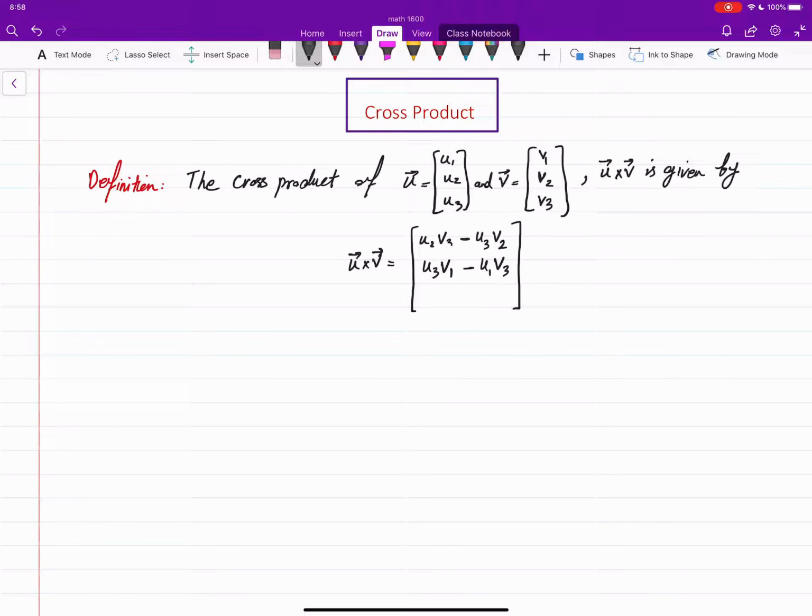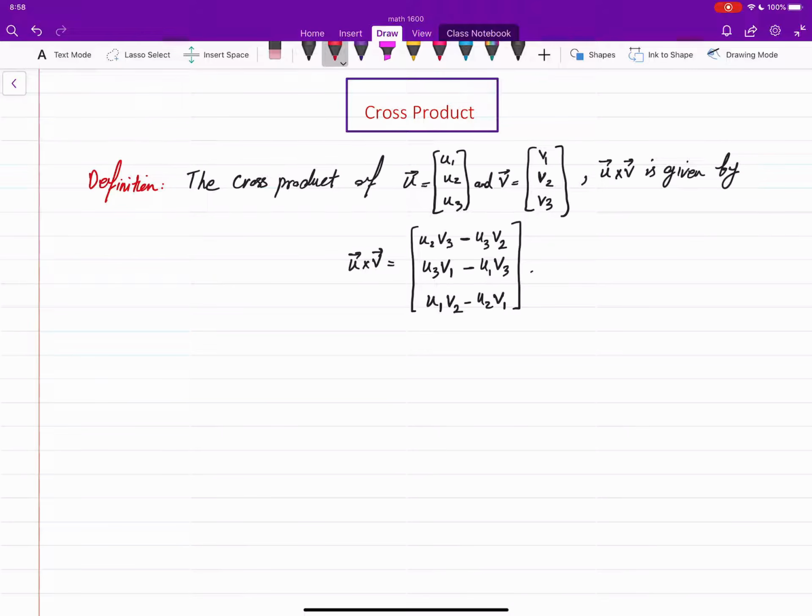For the last one, u1 times v2 minus, switch the indices, u2 v1. So this is how you define it. It's a little bit complicated, but it is manageable.